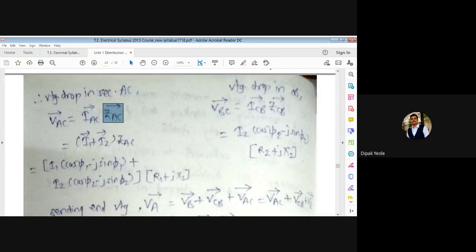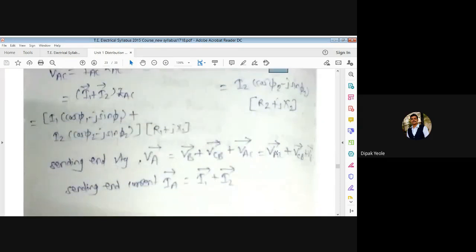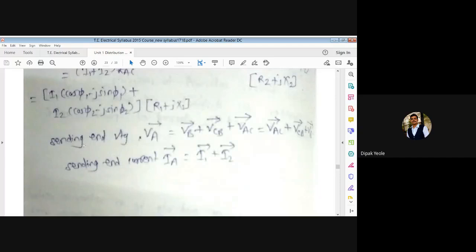What is the voltage drop in CB? Obviously we take the current flowing through CB and impedance of CB. So take the ICB component, take the ZCB component. आणि इथे बघितलं तुम्हाला क्वेश्चन बघितला होता आपण की सेंडिंग एंड व्होल्टेज विचारलं होतं. मग सेंडिंग एंड व्होल्टेज जर विचारलं आणि जर तुम्ही म्हटलेत की सरांनी शिकवलं नाही तर हा खूप माझा अपमान होईल.